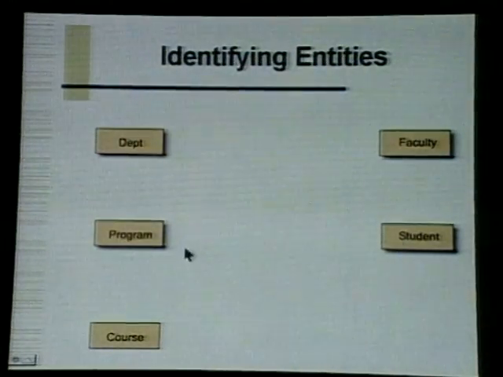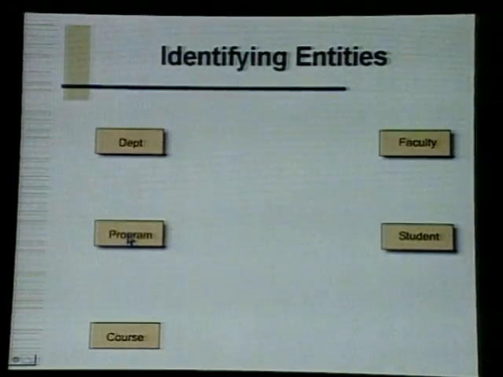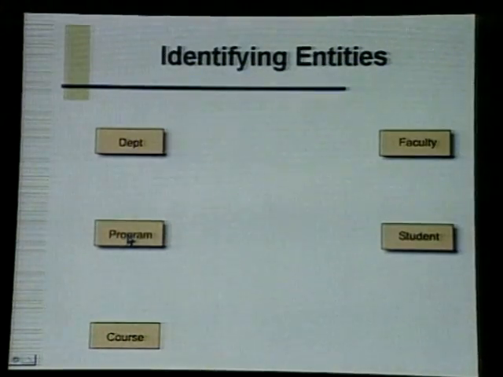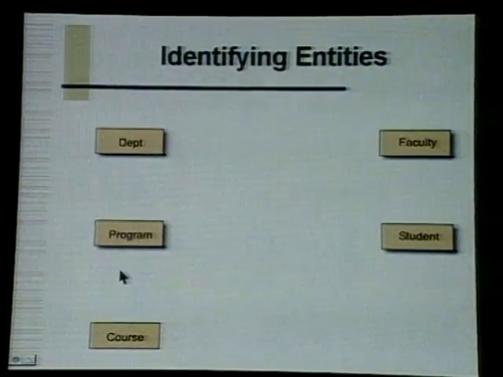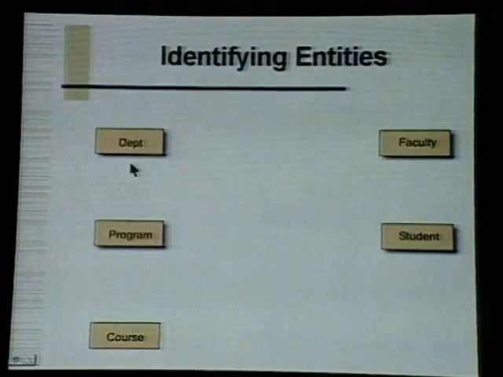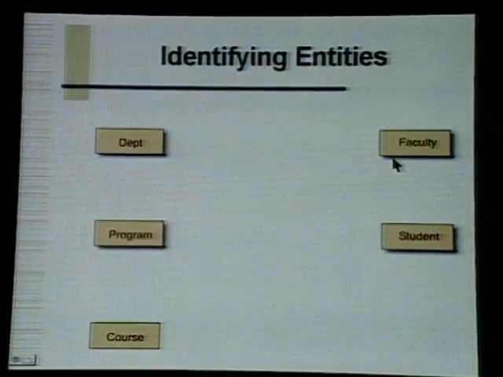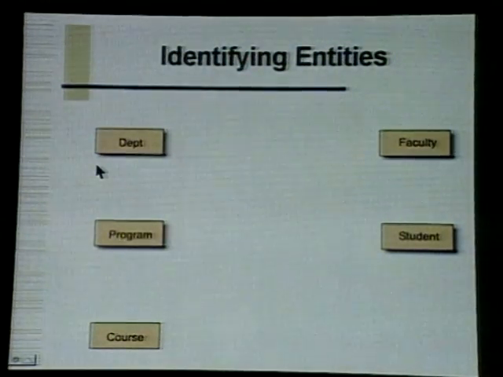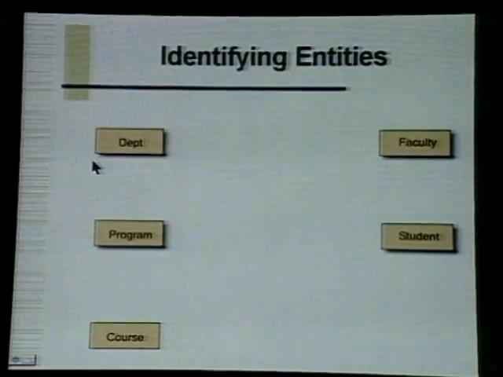The students, different programs which are offered by the department, and in each program there are different courses. So these are some of the major data objects and entities which make the part of our university database system. Once we have identified the major entities, of course you can put lot more entities there if you are really interested to have the information about the other objects.